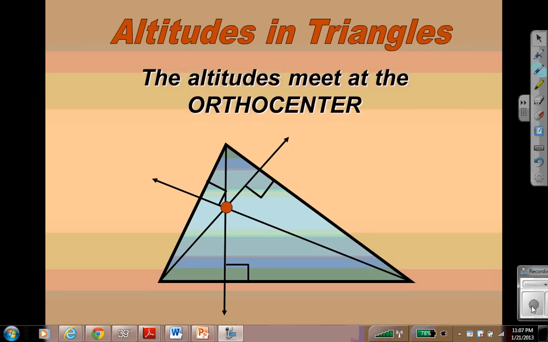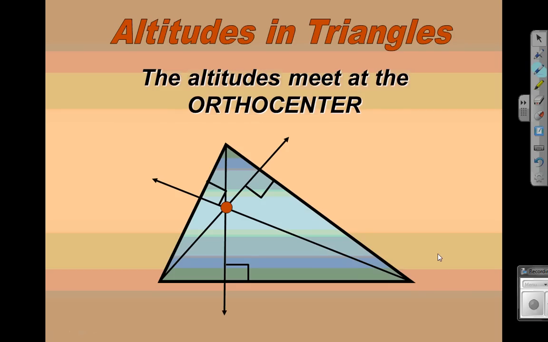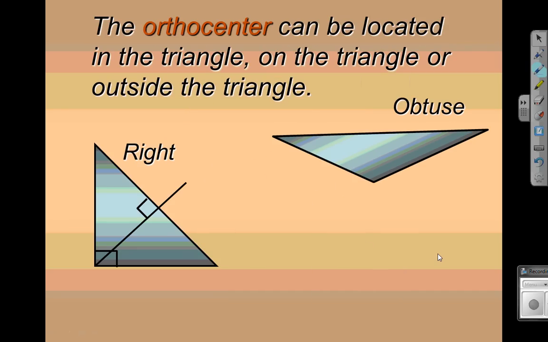Altitudes meet at a point called the orthocenter. You need to write that down. The orthocenter can be located inside the triangle or on the triangle or outside the triangle. In the previous example, it was inside the triangle.